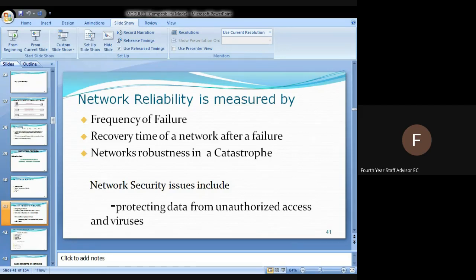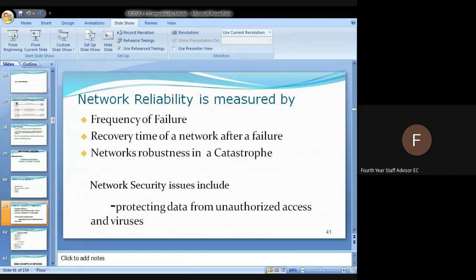What is frequency of failure? You cannot always tell that all networks will perform in an efficient manner all the time. That won't happen at all. The network may fail often, or sometimes the network will be failing continuously. Is such a network useful for the user?